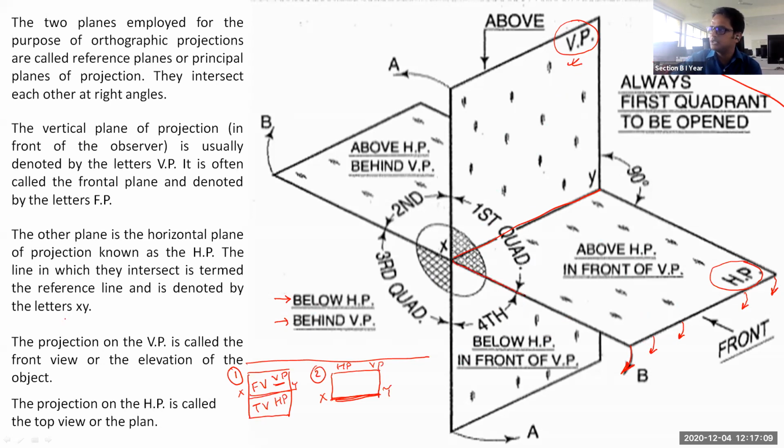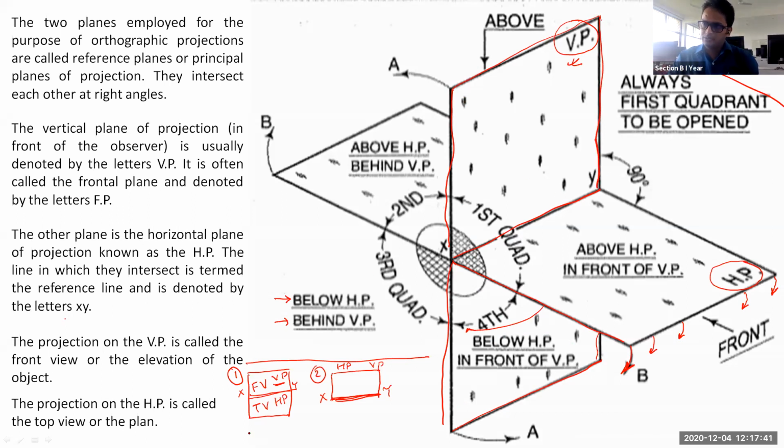Suppose this is your initial position. It will come down in this direction and be in this direction. It will be coming to the bottom side. So what you will get is a rectangle like this.